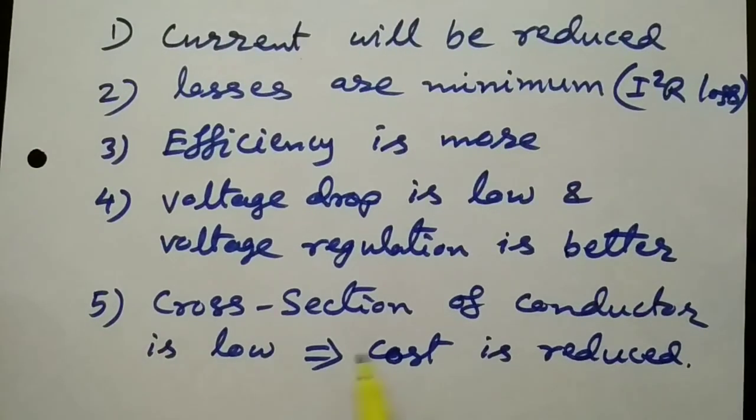And as the cross section area of the conductor is directly proportional to the current rating, if the power factor is improved, the current will be reduced, therefore the cross section area of the conductor will also be reduced, and as a result the cost will also be reduced for the whole system.